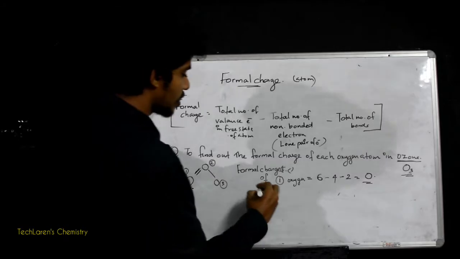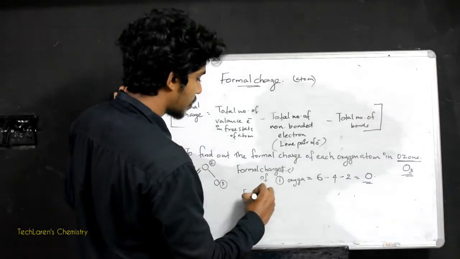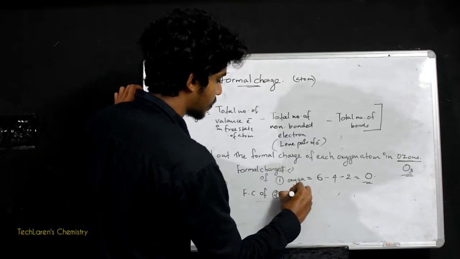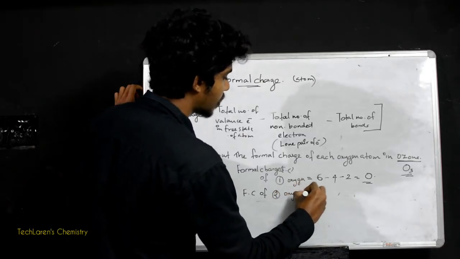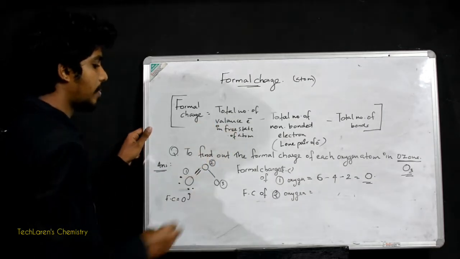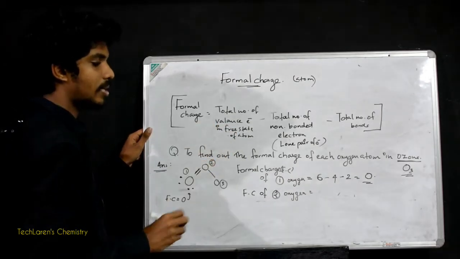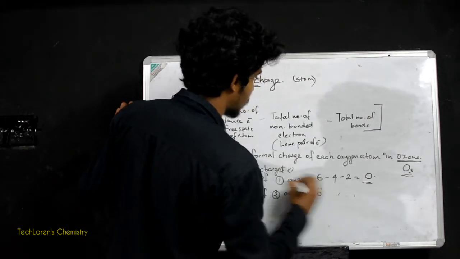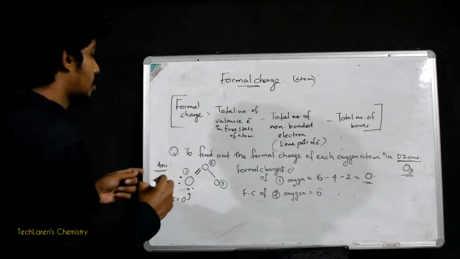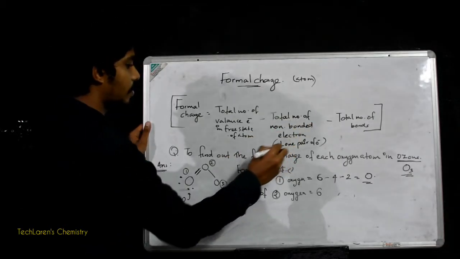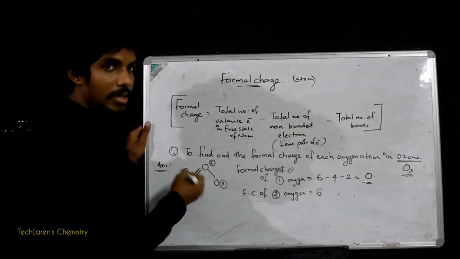Then we move to the formal charge of the second oxygen. The total number of valence electrons in the free state of an oxygen atom is always 6. The total number of non-bonded electrons can be found by using the structure.